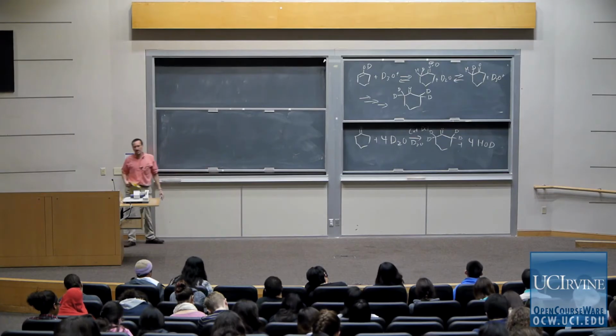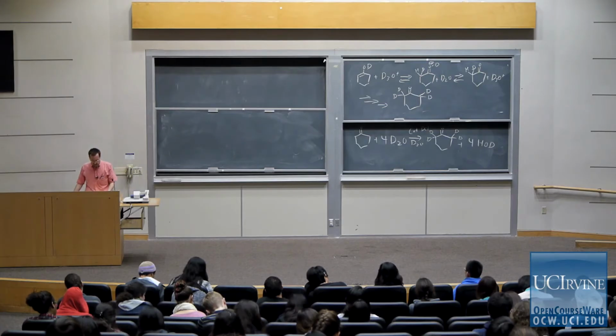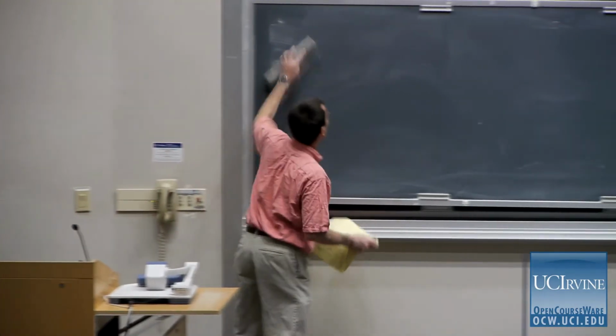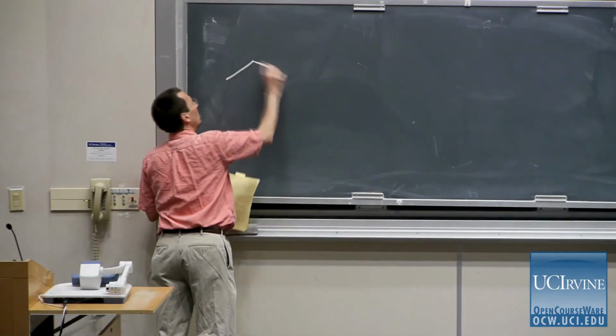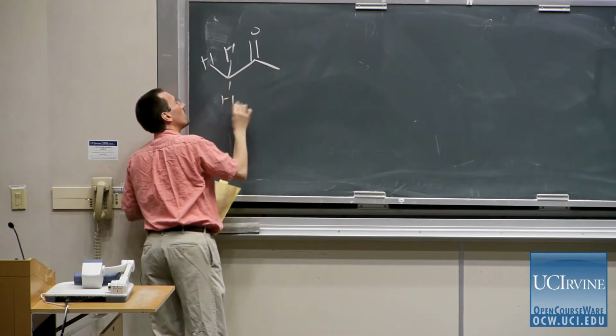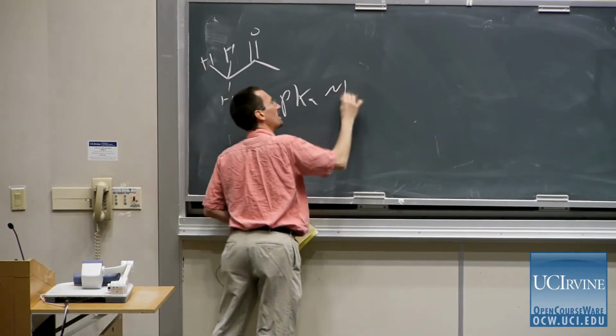So one of the other properties of carbonyl compounds is that their alpha proton is acidic. So for example, in acetone, the alpha proton has a pKa of about 19.